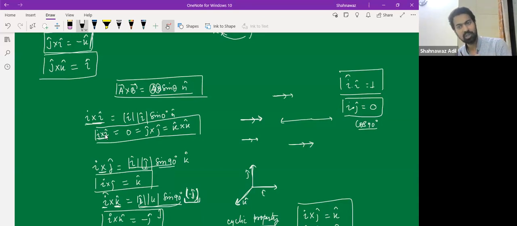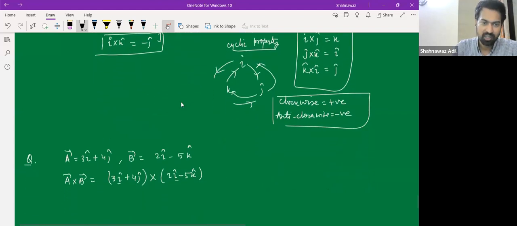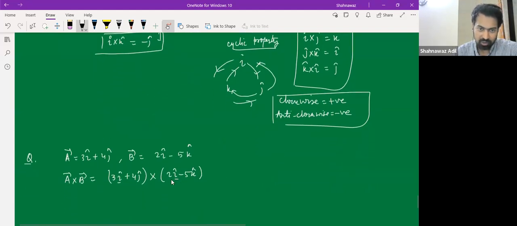In the dot product, only the same ones survive: I dot I, j dot j, k dot k. But for the cross product, the same one will not survive, only the different ones will survive. So I cross I would be 0, right?